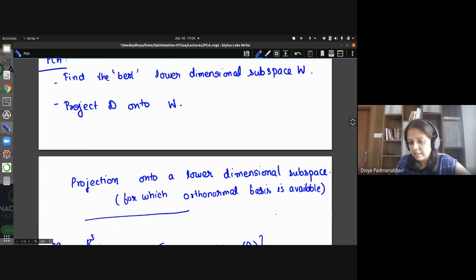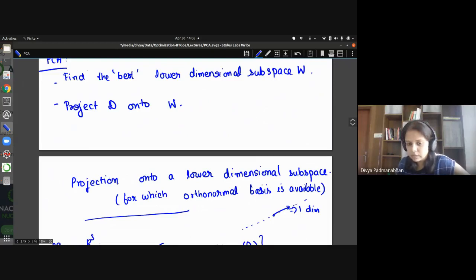A one-dimensional subspace is just a single vector, the set of all vectors parallel to this one vector. What you need to represent this subspace is just that single vector.